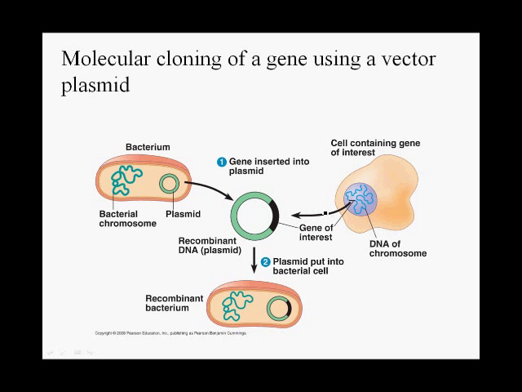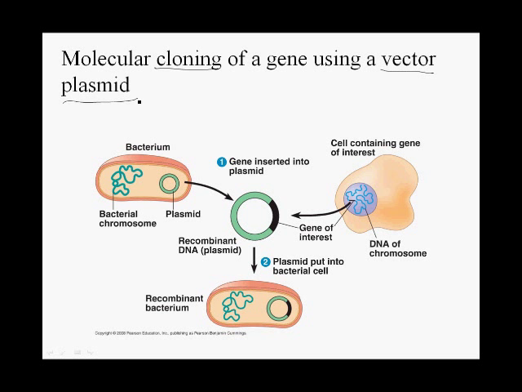And then you're going to take this isolated DNA segment and clone it into a vector. So the key words here are vector, cloning, and in this case we will talk about a type of vector called a plasmid.